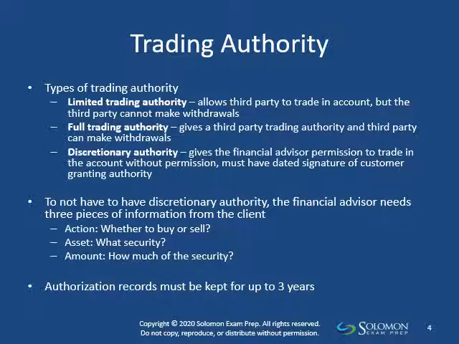If the third party has full trading authority, that means that they're able to make trades in the account, but they can also make withdrawals from the account. And then the final type of trading authority is called discretionary authority. And that gives the financial advisor, that might be the rep on the account, permission to trade in the account without permission each time.